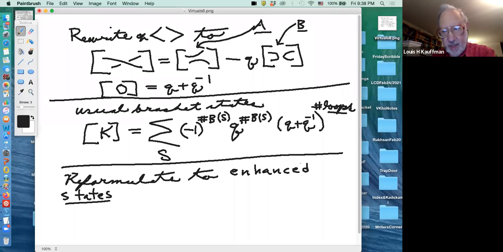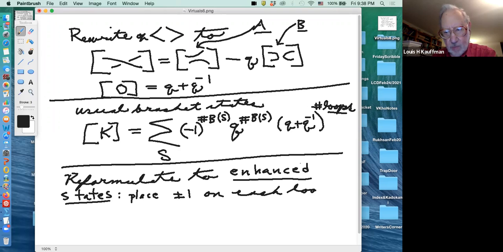So the key to this is to place plus or minus 1 on each loop. That means that if I had a single loop, it would now become a plus loop or a minus loop.